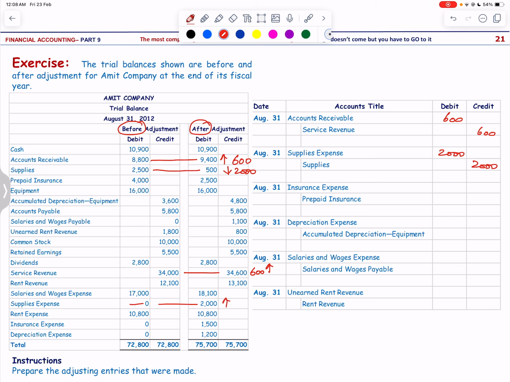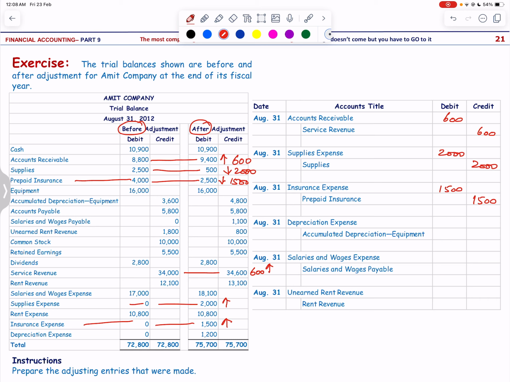Then you can see that the prepaid insurance has decreased by 1500. That means insurance expense must increase by 1500. So insurance expense is debit by 1500 and prepaid insurance is credit by 1500.